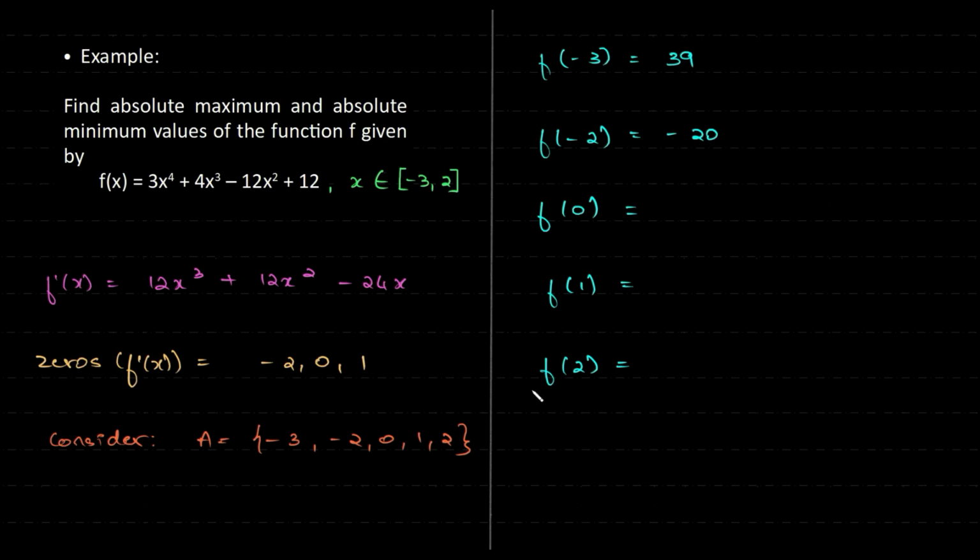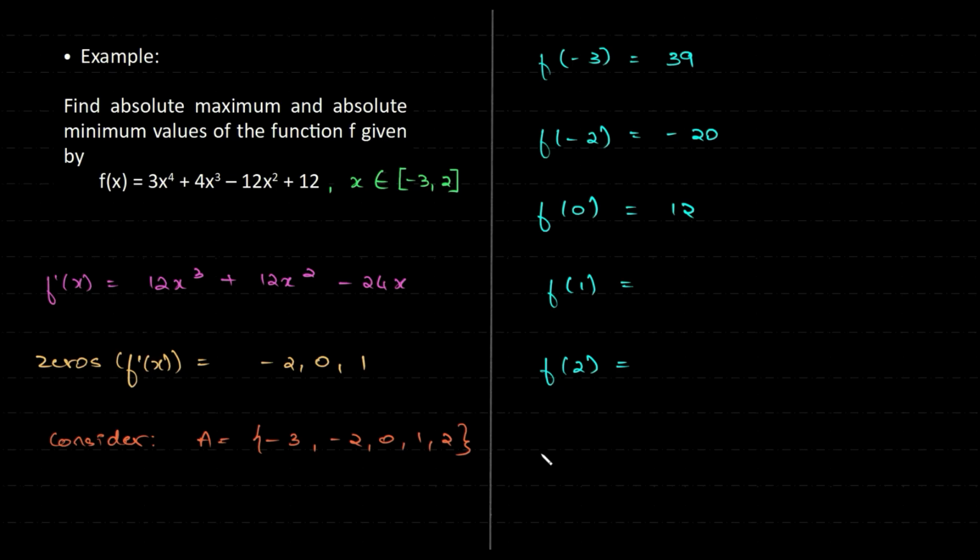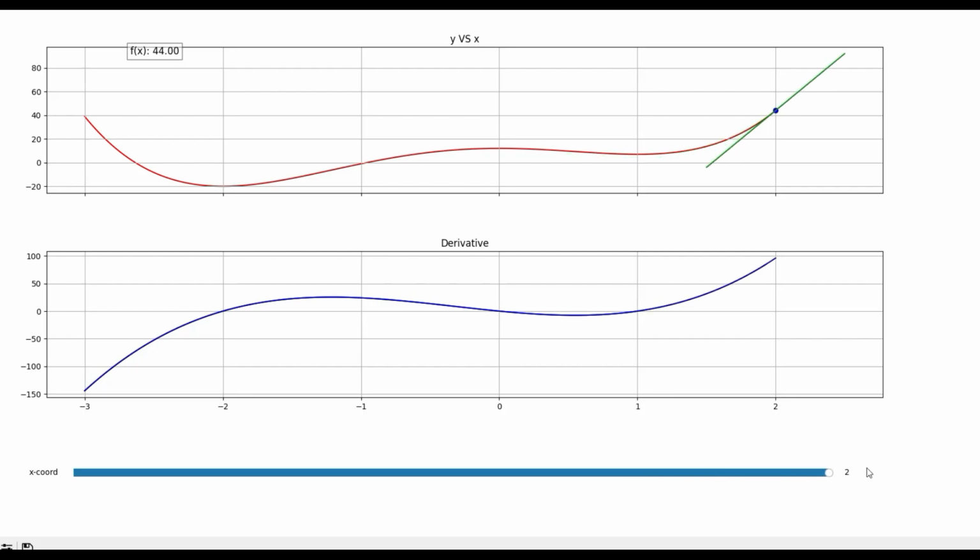And the output is 12 over here. So similarly at 1, we have the output to be 7. And finally 2, so the output is 44.